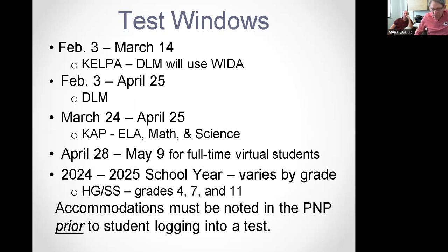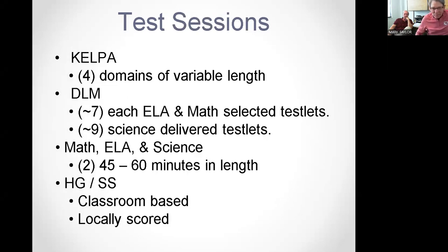All accommodations must be noted in the P&P prior to the student logging into the test. All right, the test sessions. CALPA has 4. DLM has either 7 or 9 testlets, depending on the subject. For math, ELA, and science, there are 2 sessions, about 45 to 60 minutes in length.